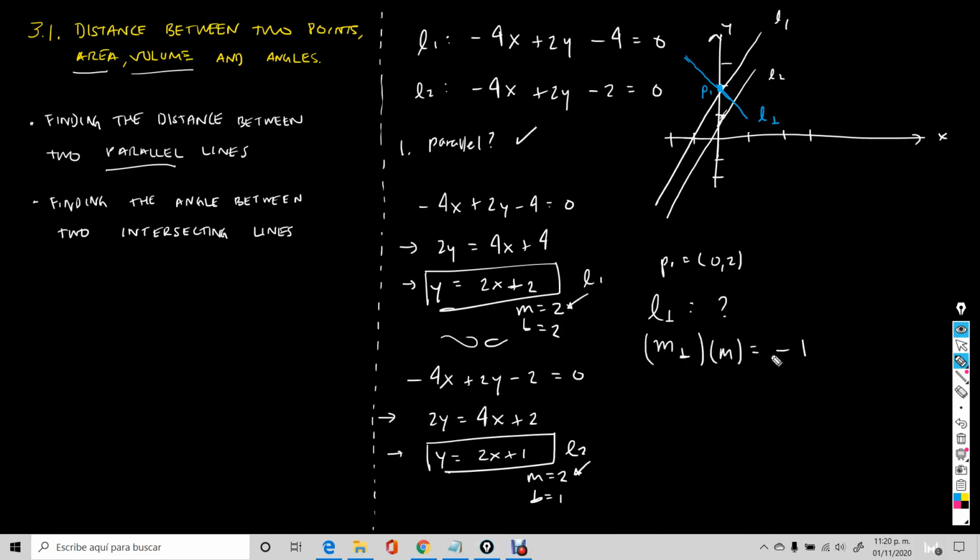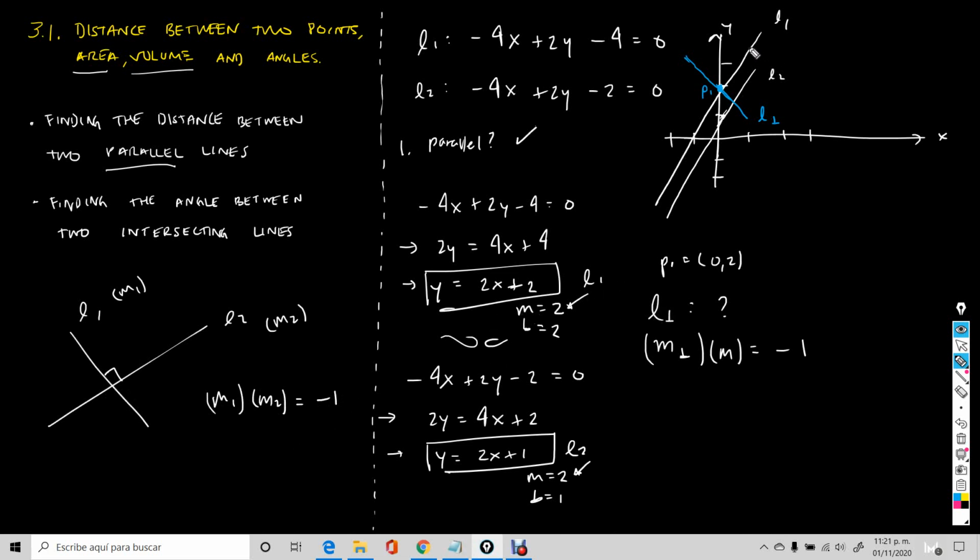I hope you remember that fact. When you have two perpendicular lines, L1 and L2, and L1 has slope of M1 and L2 has slope of M2, if they are perpendicular, we know that the multiplication of their slopes, M1 times M2, has to be equal to minus 1.